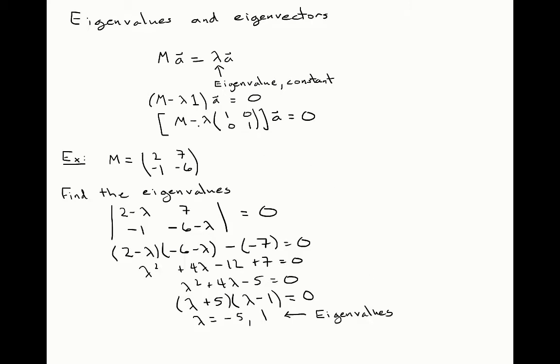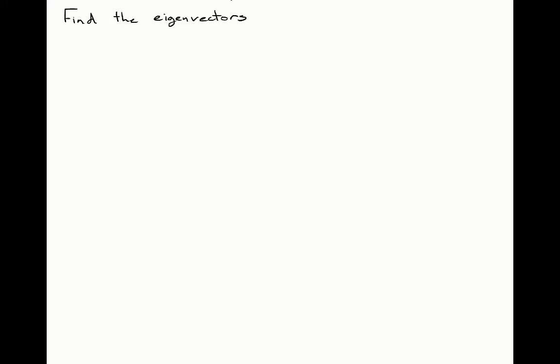Alright, so because of this equation, we need to find the determinant of this matrix when this determinant is 0. And that lets us solve for the eigenvalues. Alright, now that we have the eigenvalues, we can go on and find the eigenvectors. So that requires going back to our original equation. So each eigenvalue corresponds to one eigenvector.